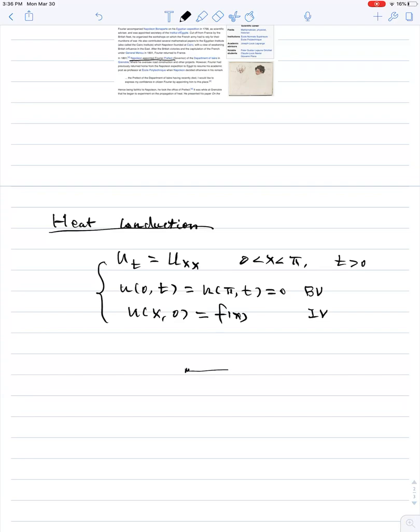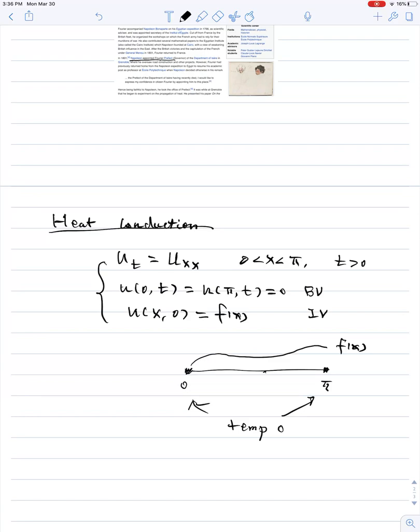Physically it means that you have a rod from 0 to pi, the temperature at the endpoints is 0, and the initial temperature is given by this graph f(x). You want to find the temperature at time t and at any position. So that is the problem.